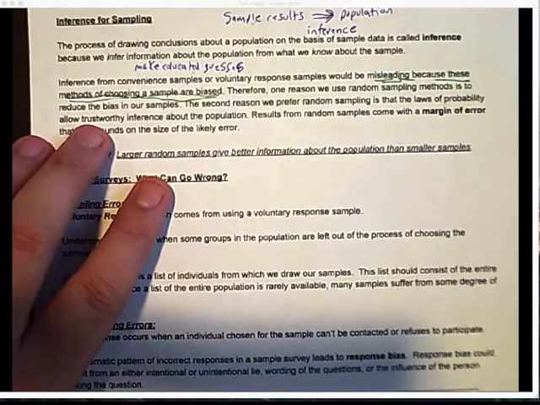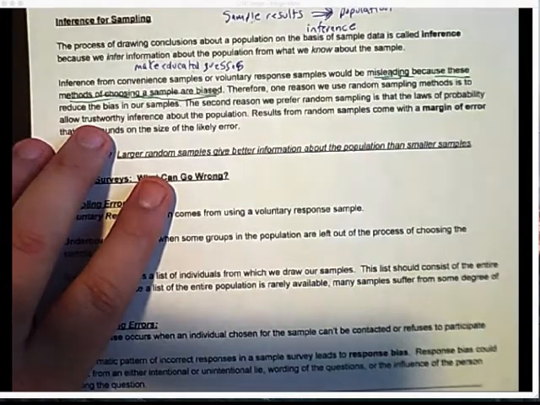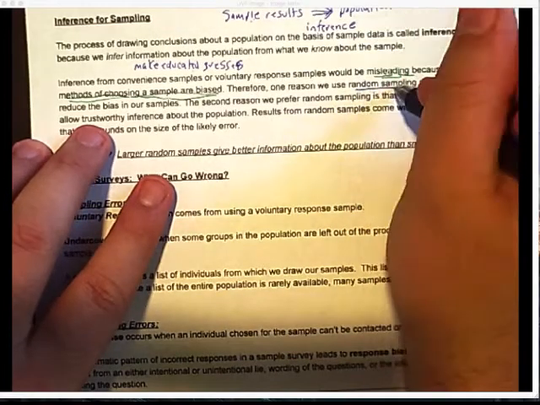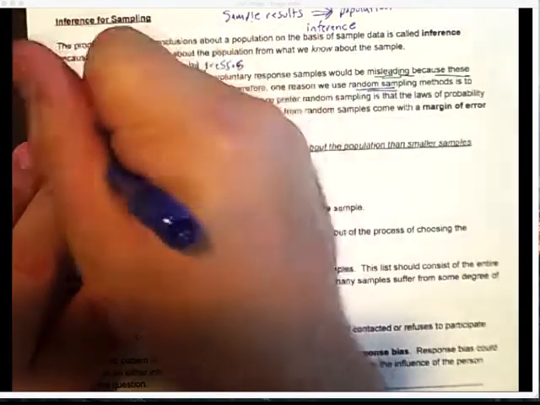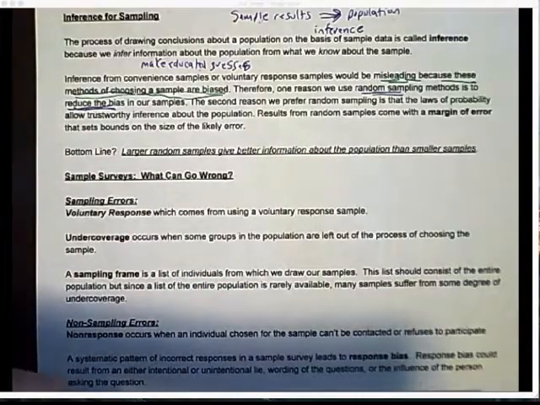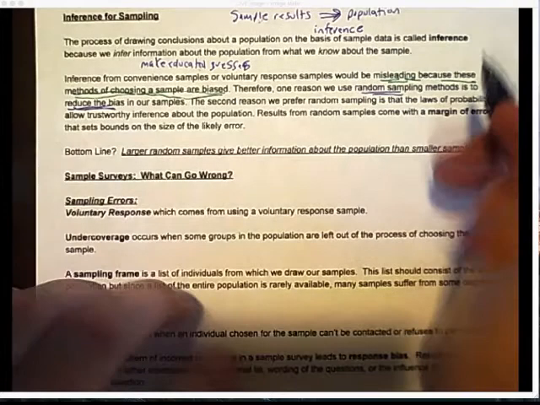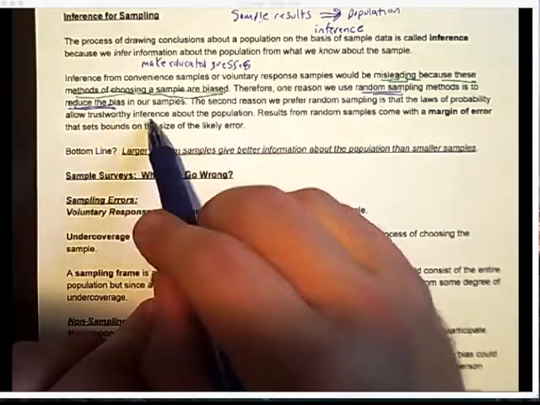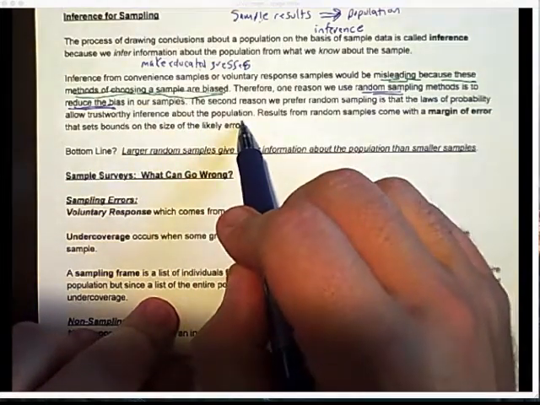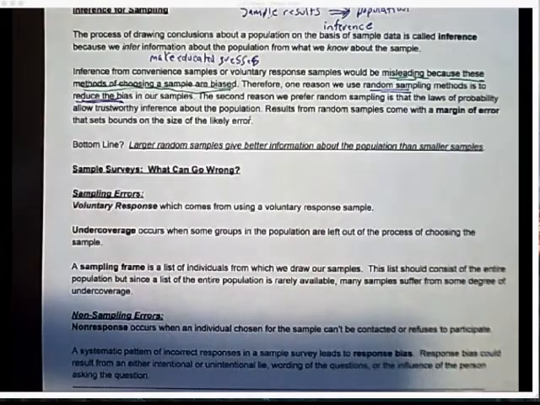The reason we use random sampling, and this is very important, is to reduce bias. We still might have bias even if we use a random process, but it does reduce bias. The laws of probability allow trustworthy inference about the population, and we'll get more into that in the second half of the book.